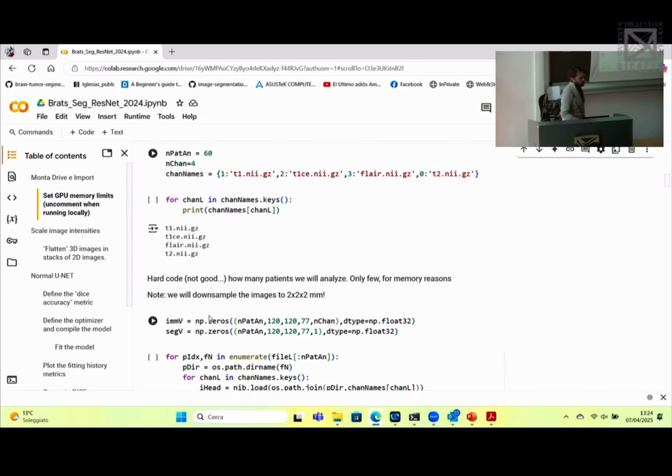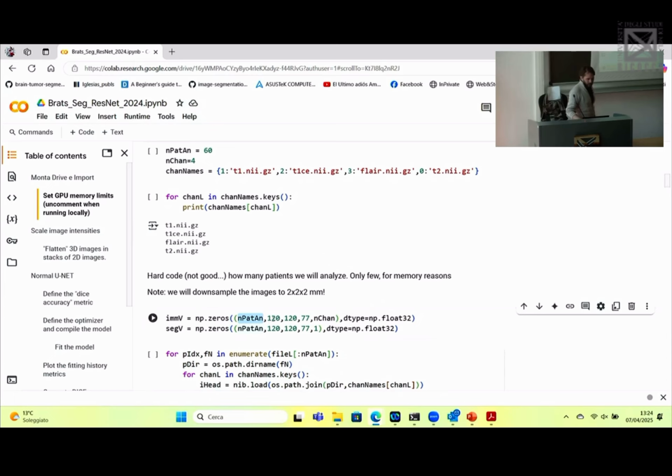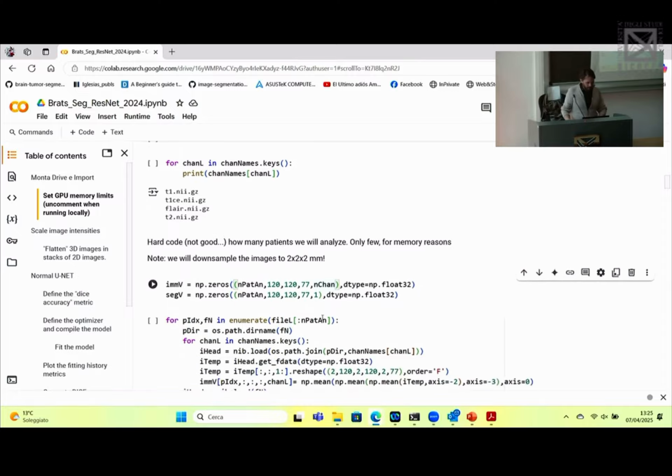And indeed, to read the data, I have decided to put them in this kind of structure. Generally in Python, and especially in Keras and PyTorch, we take the first index as the subject index, then the whole 3D volume, and I use the 4 MR images as 4 different channels, because that's what they are.